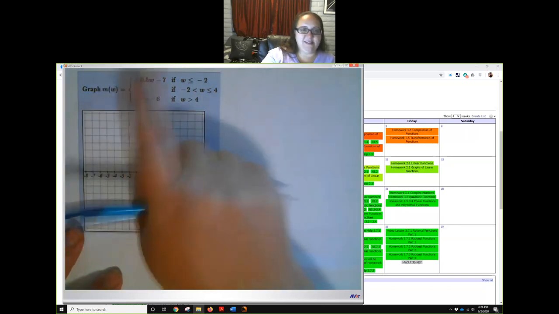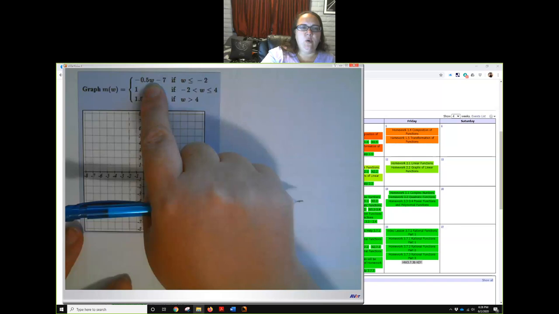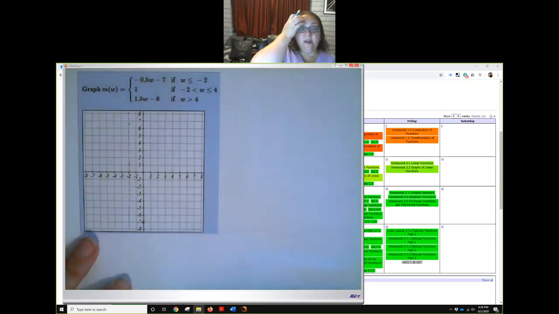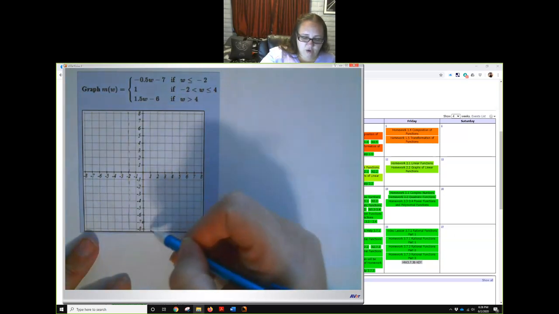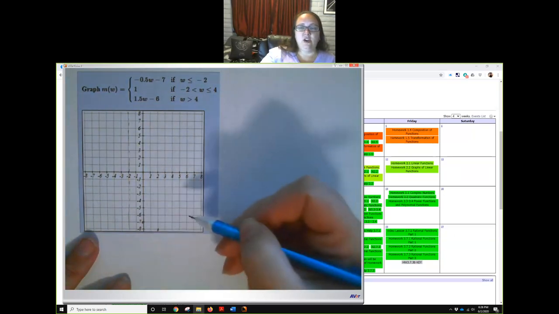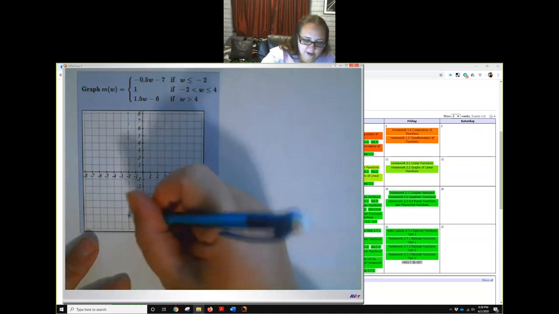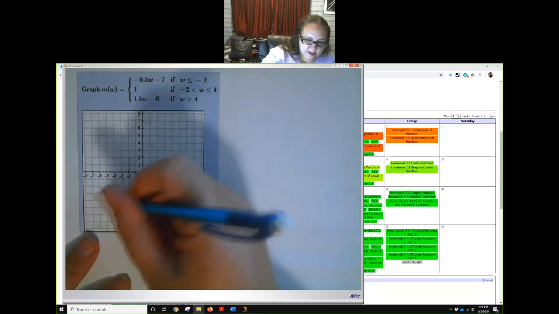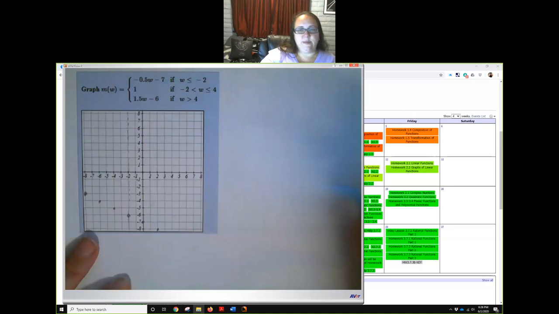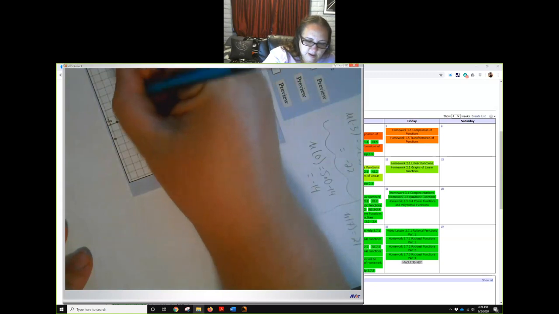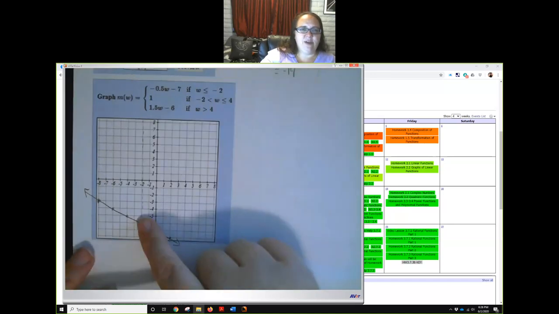Now I'm going to graph this. So y equals -0.5x minus 7 starts at -7 on the y. And then it goes down 1 over 2. It's a slope of -1/2, right? Or up 1, back 2. So that is the line -0.5x minus 7.